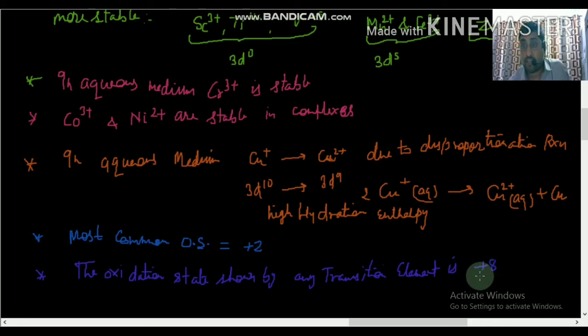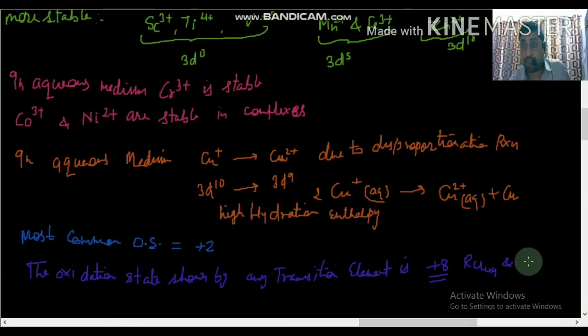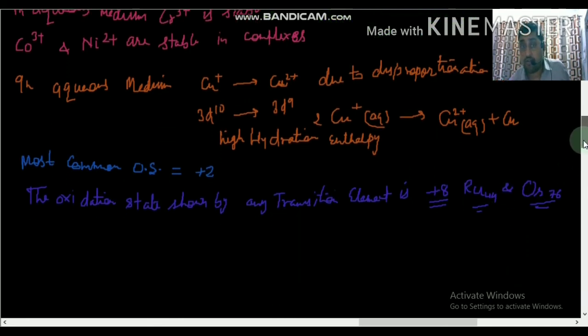The highest is +8, shown by ruthenium, atomic number 44, and osmium, atomic number 76. Okay, these two elements show the highest oxidation state, that is +8, in some of their complexes.